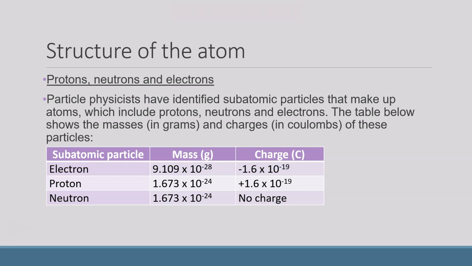An atom that is neutral, if it has 100 protons, also has to have 100 electrons. You can see that the charges are the same strength, even though the masses of electrons and protons are very different. Even though electrons are much smaller than protons, they still carry the same strength of charge as a proton.